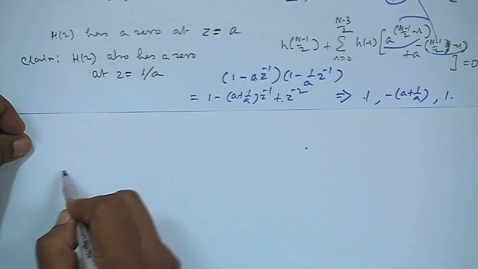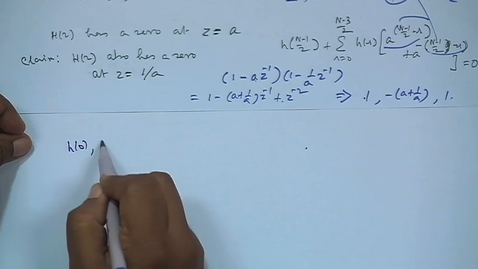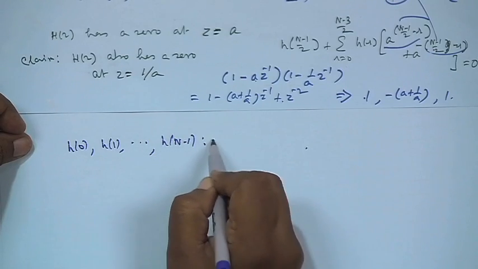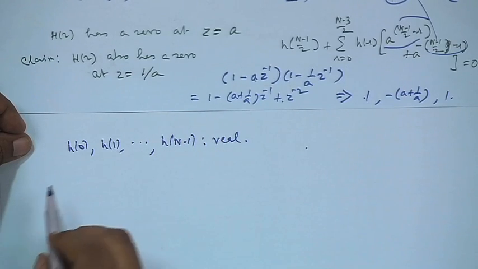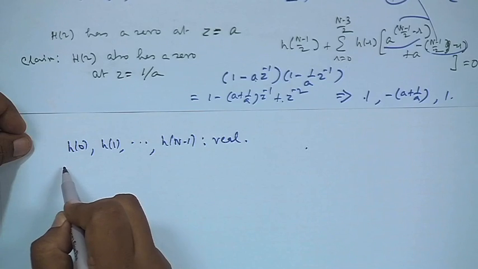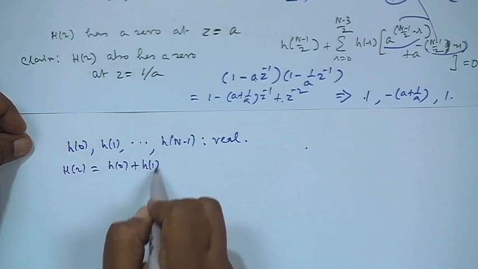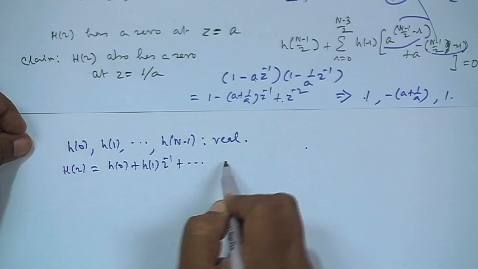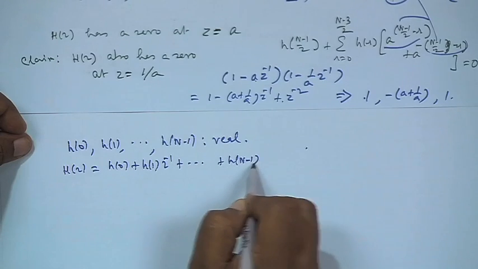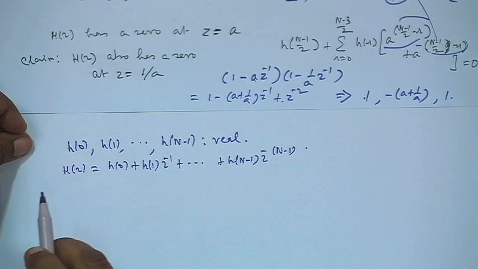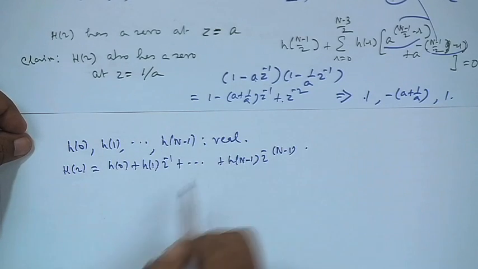That is, suppose H 0, H 1 up to H n minus 1, they are all real, then H z is H 0 plus H 1 z inverse plus and so on. They are all real.